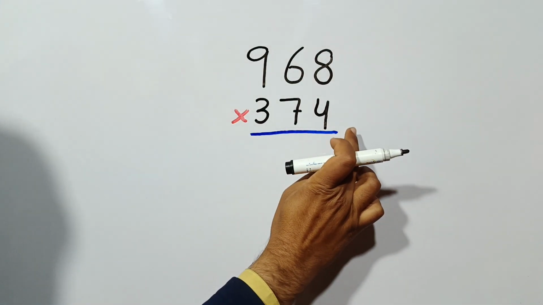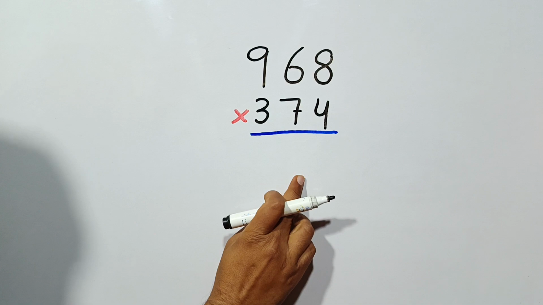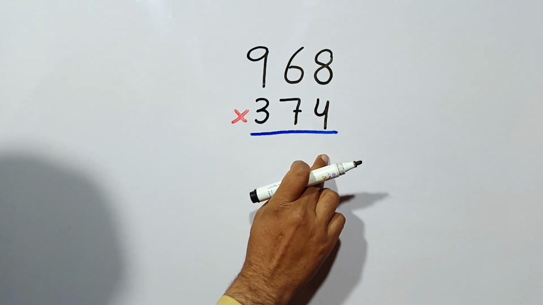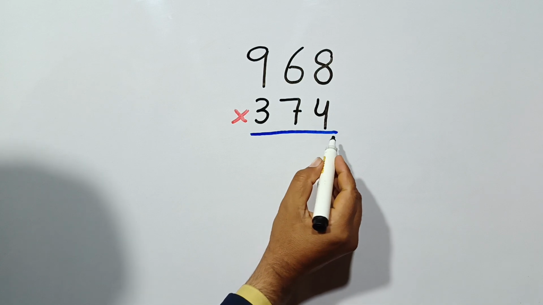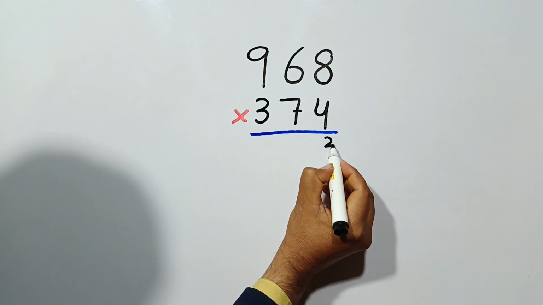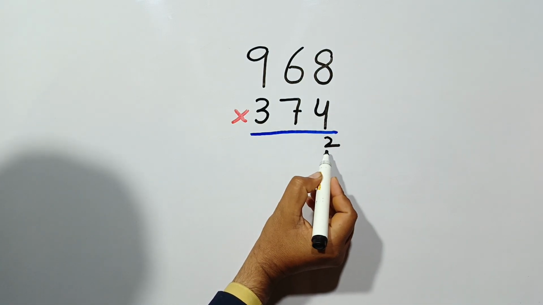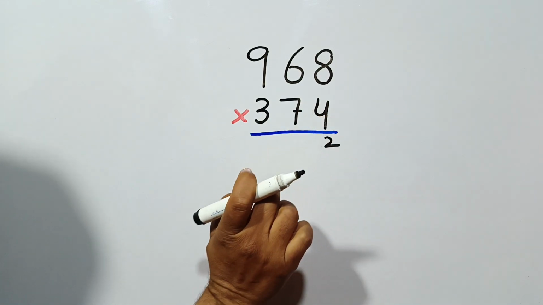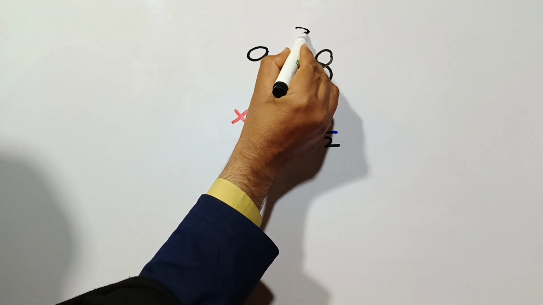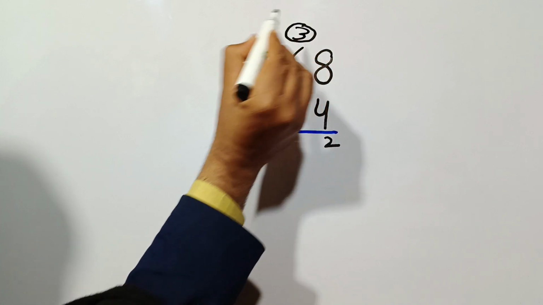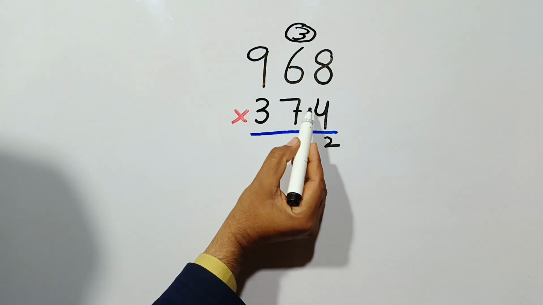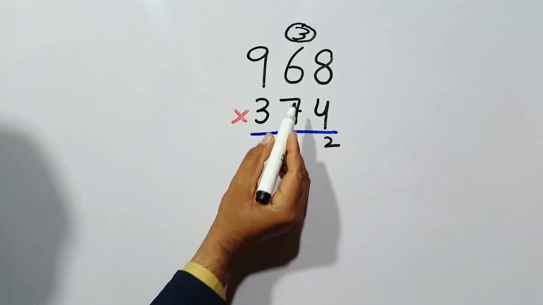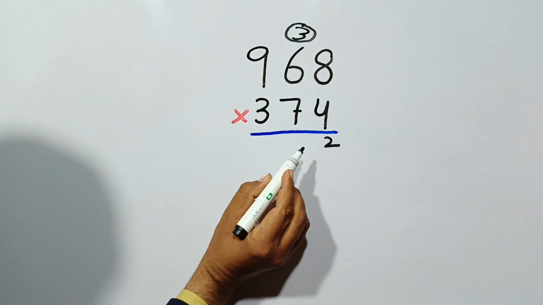3-digit multiplication by 3-digit number. First, we read the 4 table, 8 times. 4 times 8 is 32 and 3 carry. 4 times 6 is 24 and 3 add is 27.